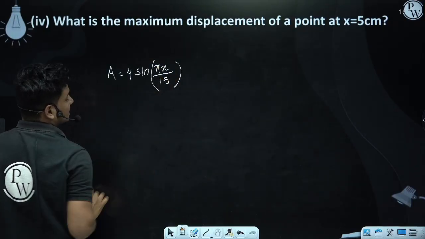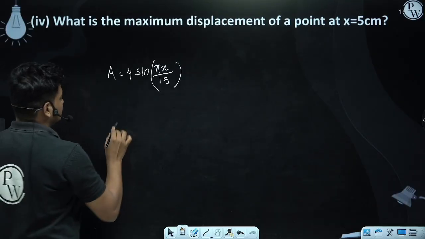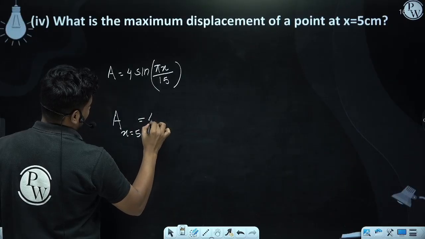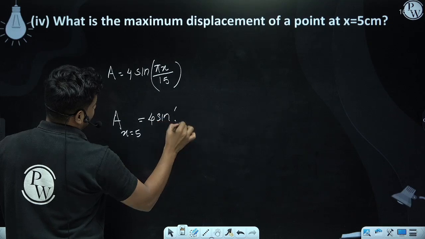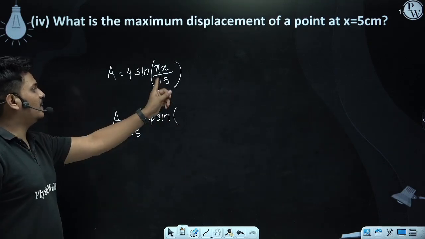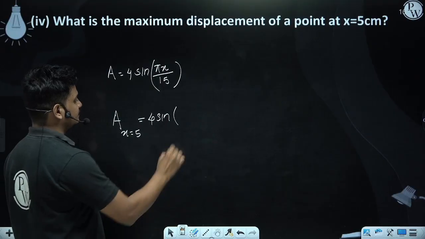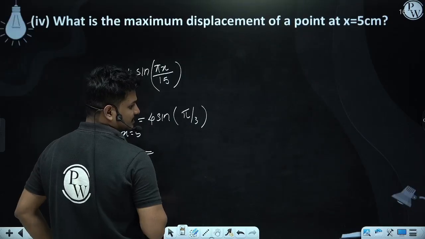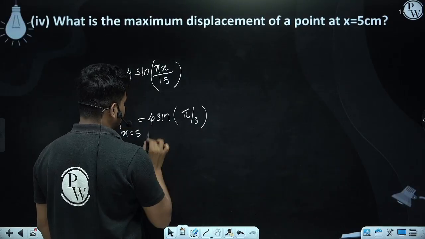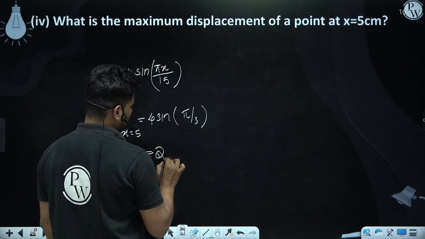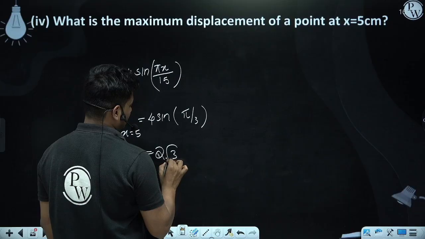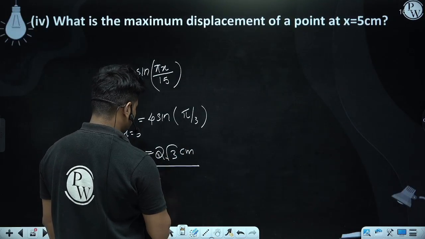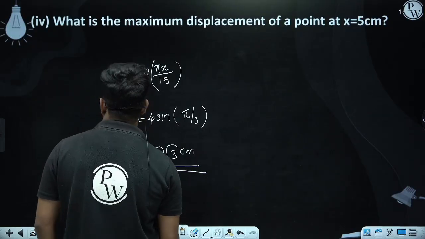It varies with the x value. So at x equal to 5, put x equal to 5: 4 into sine pi into 5 by 15, that's pi by 3. Sine pi by 3 is root 3 by 2, into 4, that means 2 root 3 centimeter. This is the amplitude, or maximum displacement, at x equal to 5.